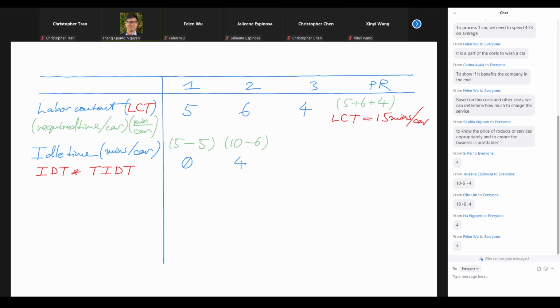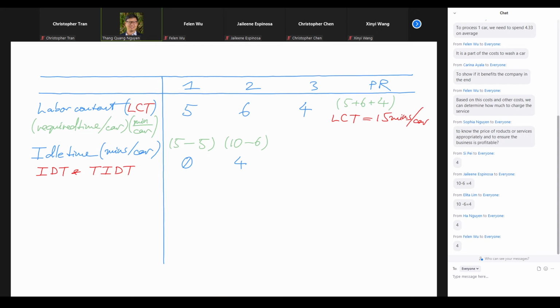In real life, what does that mean? So the car will show up for 5 minutes, right? And because there are 2 workers at station 2, each one of the workers only has to work for 3 minutes. In total, it is 6 minutes required. But each one of them only has to work for 3 minutes. And then the remaining 2 minutes, they stay idle, right?